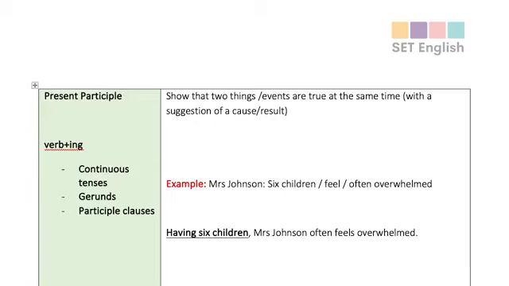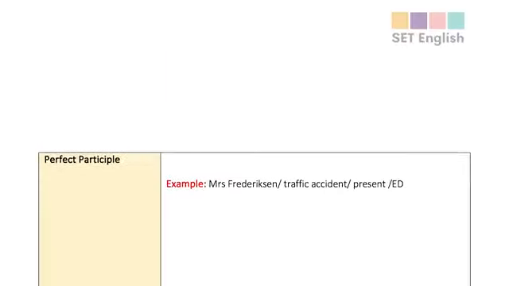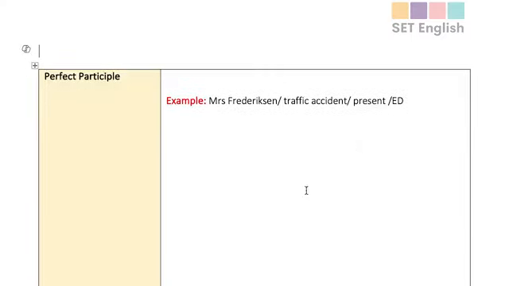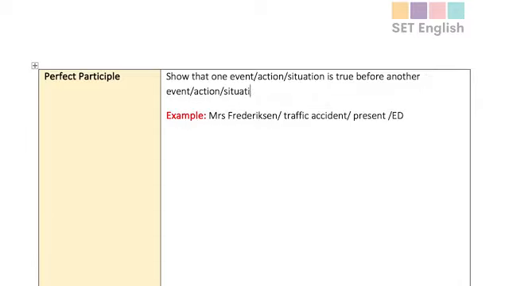Let me tell you about the perfect participle. Okay, perfect participle. This one is a bit different. This is used to show that one event or action or situation, okay, is true before another event, action, or situation.